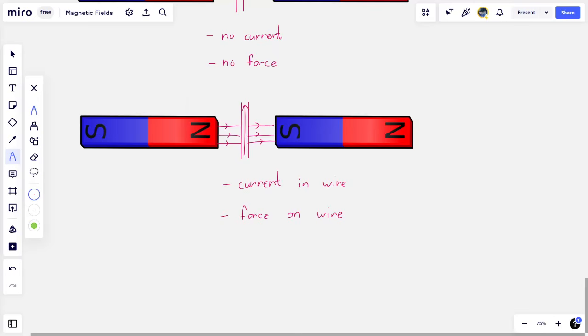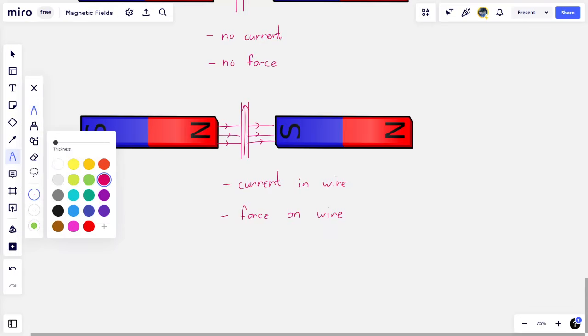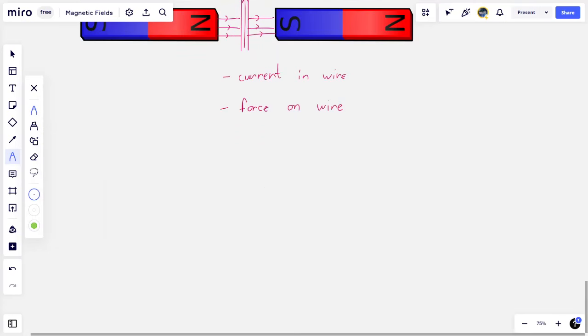Now, remember, this force will make the wire move either to the left or to the right. It will be repulsive or attractive, or move in or out of the page, something. It's a force. So what's important about a force always is two things. Since it's a vector, we need its direction and we need its magnitude. Normally we go straight to the magnitude first and then figure out the direction later.